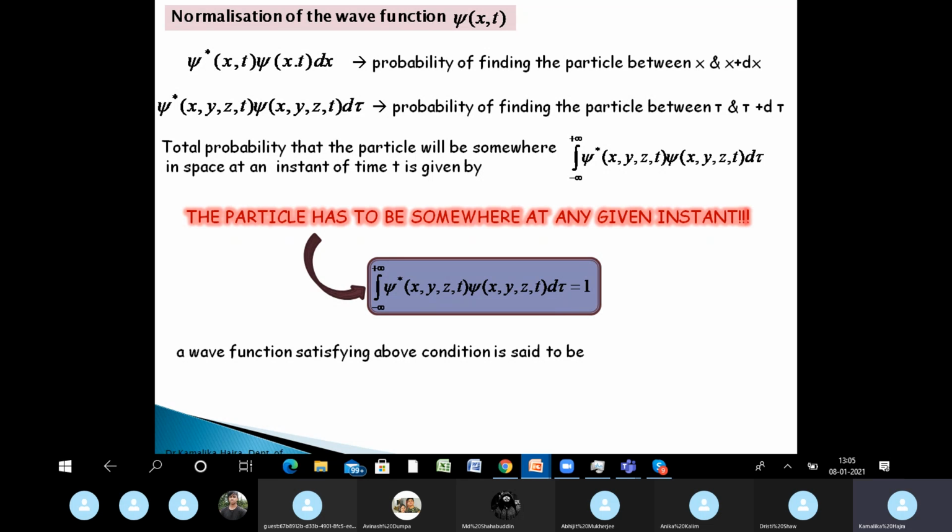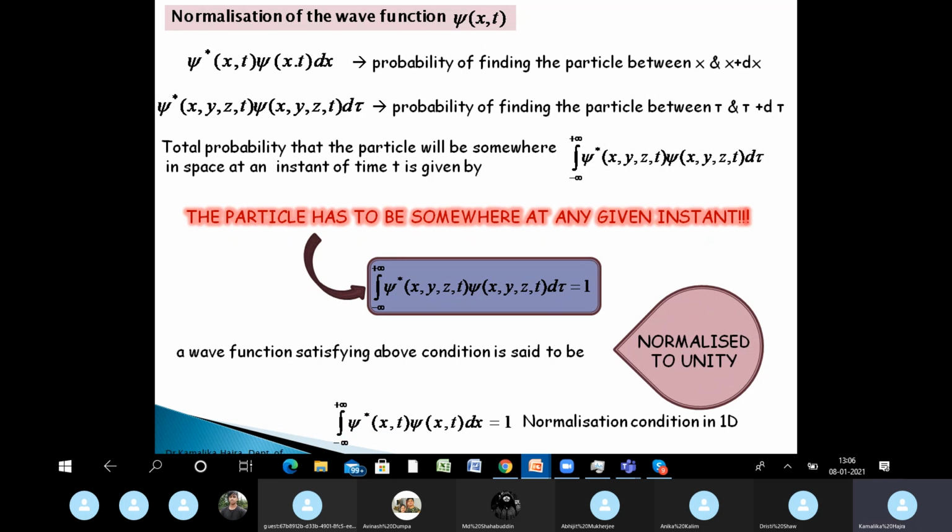So a wave function which satisfies this condition is said to be normalized to unity. You understand why it satisfies this equation, and when it does satisfy this equation, it is said to be normalized to unity. Okay? So in one dimension, this is the normalization condition.